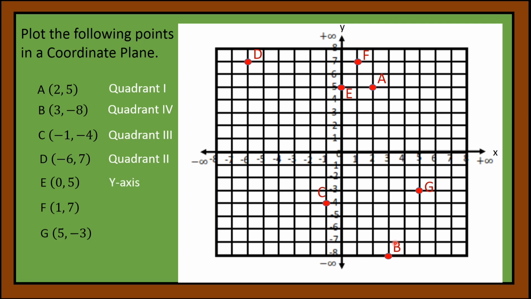Point E can be found on the y-axis. So this is not in a quadrant. So this is located on the y-axis. And then point F can be found in quadrant 1. And point G can be found in quadrant 4.